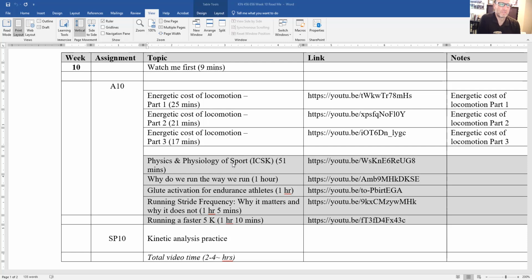Then you've got running stride frequency, why it matters and why it does not. That's again a conversation with Ted Gerard and myself. And here we cover a wide range of areas related to stride frequency. I think that's a fun conversation that the two of us had. And then finally, one more conversation with Ted and myself, running a faster 5K. So now we're trying to put things in motion again.